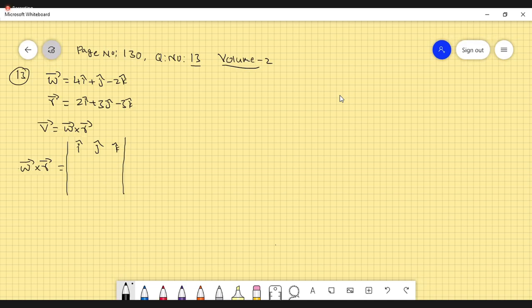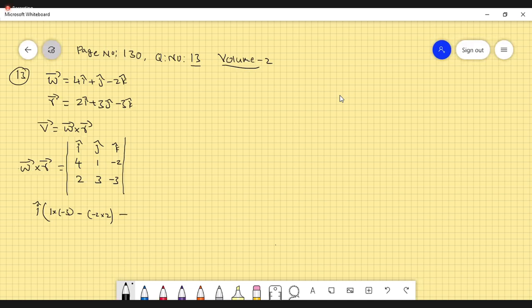Therefore, first you have to write the omega values 4, 1, minus 2, and 2, 3, minus 3. So from this, how are we doing? i into row column we are doing, 1 into minus 3, ad minus bc, that is minus 2 into 2.